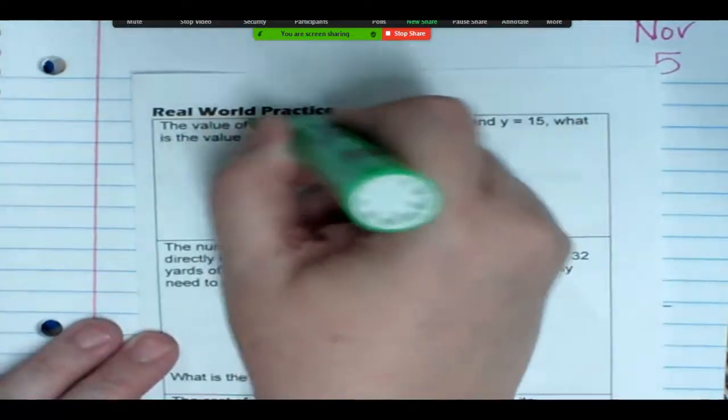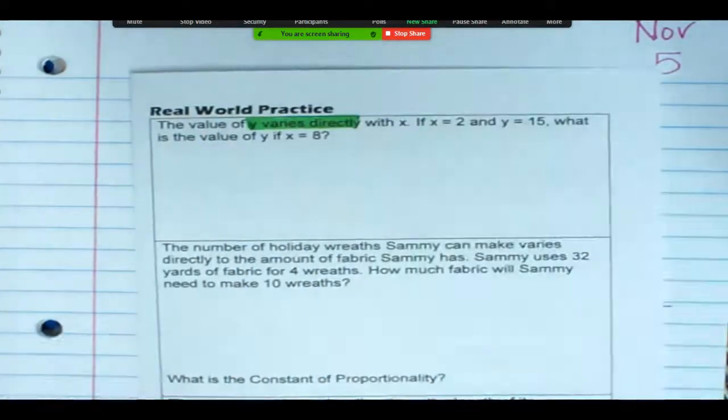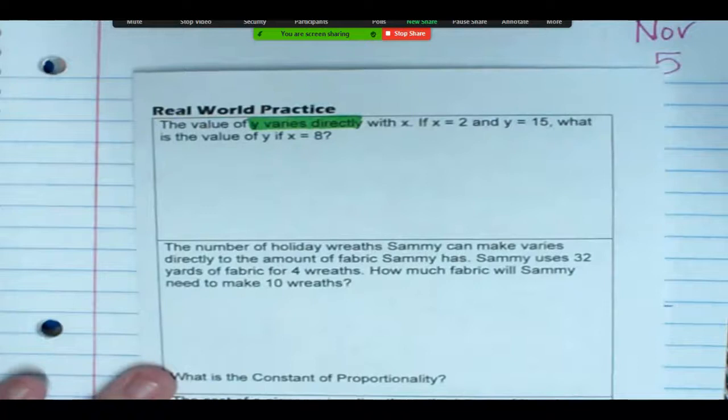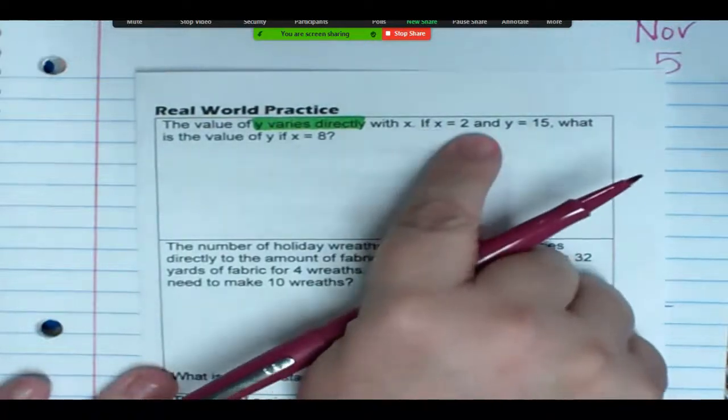Y varies directly. If it varies directly, is it proportional? Yes. What you do to one, you do to the other. What happens to the x results in the y. Whatever you multiply to the x, you get the y. It is proportional.